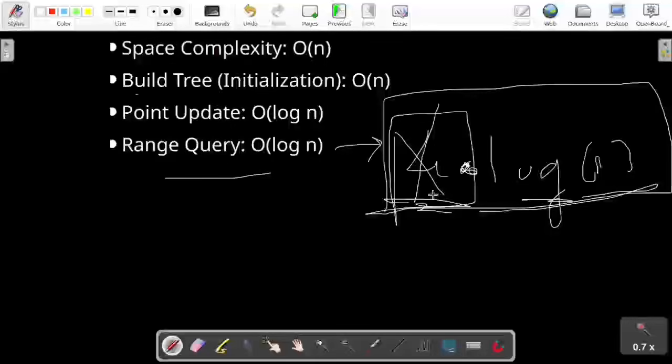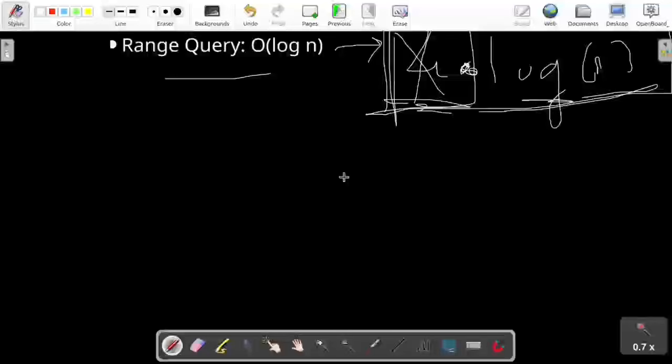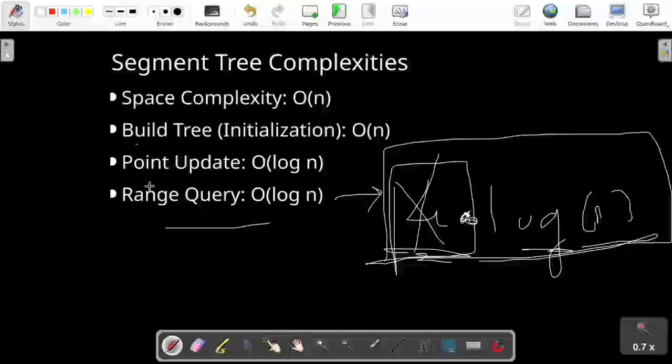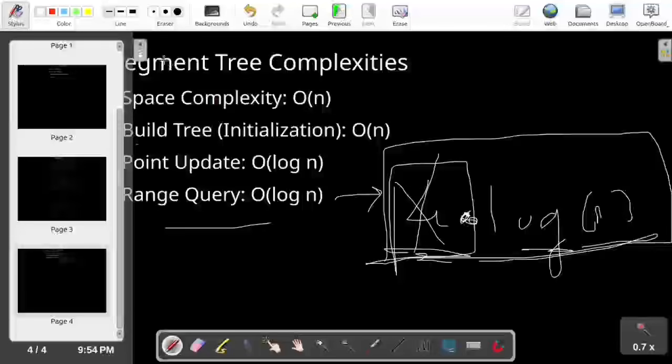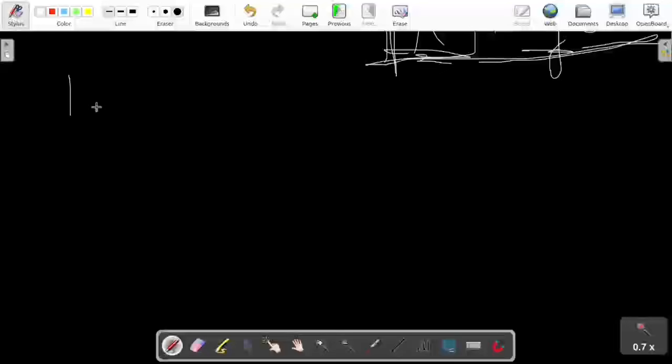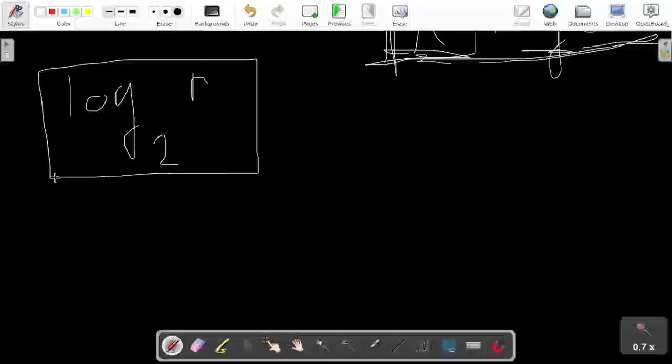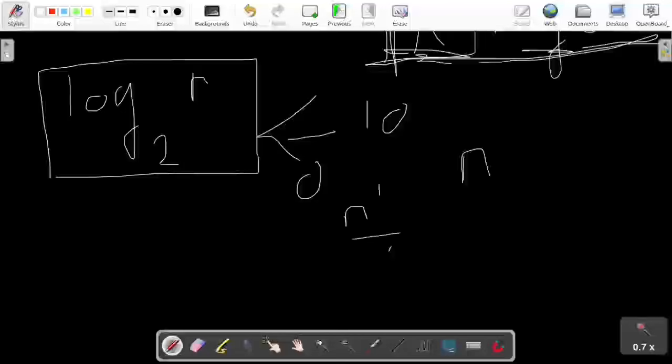Explaining this part is pretty simple. It's very easy, because did you observe one thing: the height of your segment tree will always be log of n to the base 2? As I told earlier, for any number, how many times can you divide it by 2? You can divide it this many times. So for range 0 to n, how many times can this range be divided by 2?